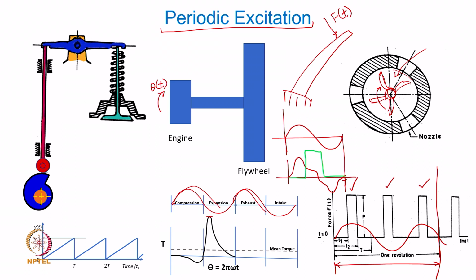The only difference is all of them have the same time period, please make a note. So, the point is that these excitation functions repeat after exactly the same period of time. So, they are in a way periodic. They may not be harmonic, but they are periodic because there is a definite period of repetition of these excitation forces.